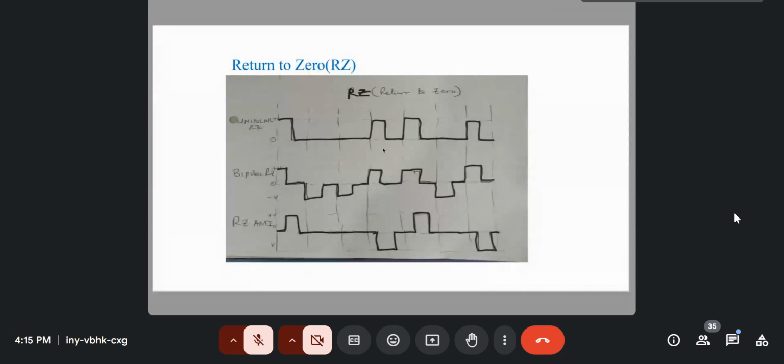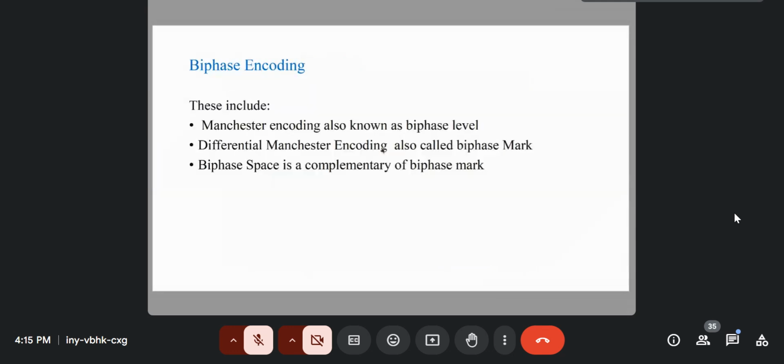So the next encoding scheme is the biphase encoding. With biphase encoding, we have Manchester encoding, also known as biphase level.